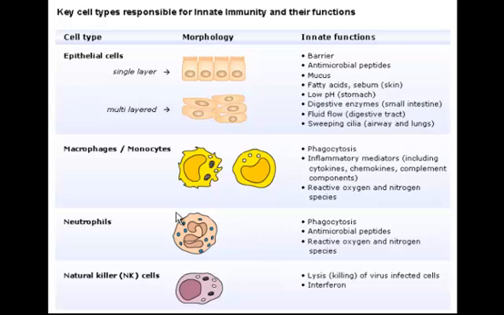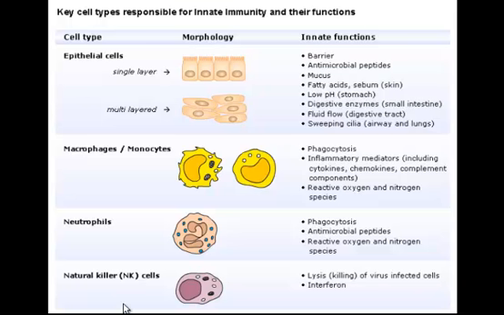So both our macrophages, monocytes, and neutrophils will also emit reactive oxygen and nitrogen species that help damage the pathogen and start digesting them. Our neutrophils are also producers of antimicrobial peptides like the alpha defensins, and so we'll talk a little bit more about this.